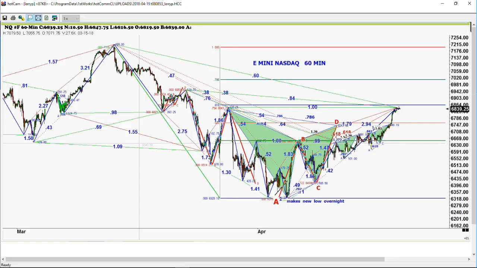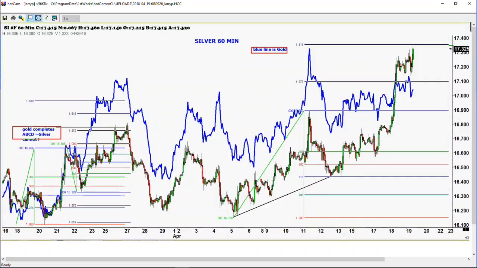Another one that is very, very important. Now let's just get it up here so we can take a quick look at it, and that is the silver market. I just wanted to bring this up to you because we're seeing a divergence here between the silver and the gold. If you'll notice that the 1.618 expansion of the move over the last 6 weeks came in today at 1735, and that has been the high. I don't know if that's going to hold it or not, but that is an ABCD and a 1.618 expansion.